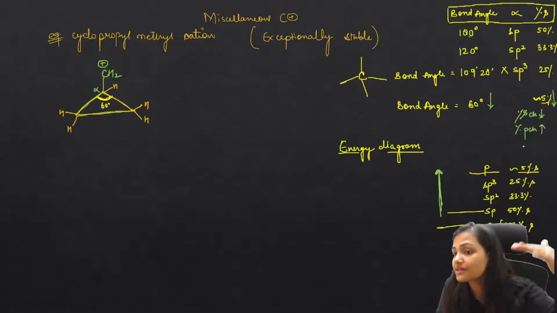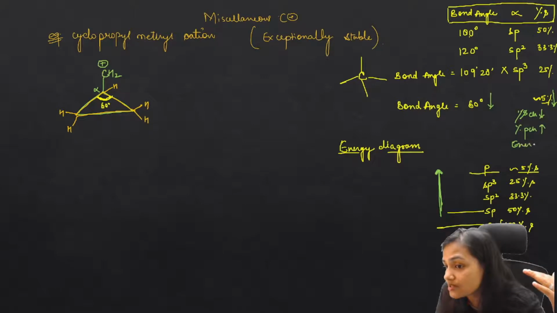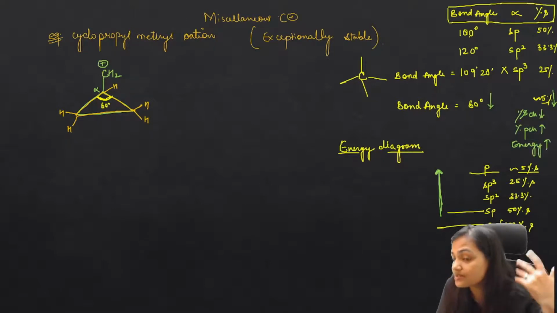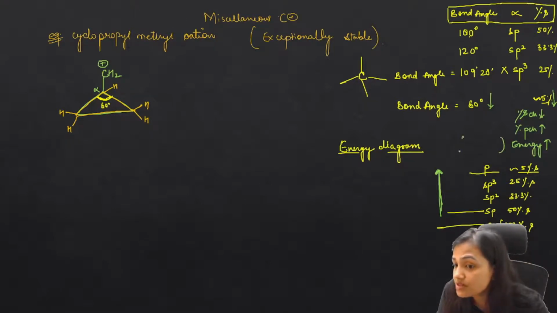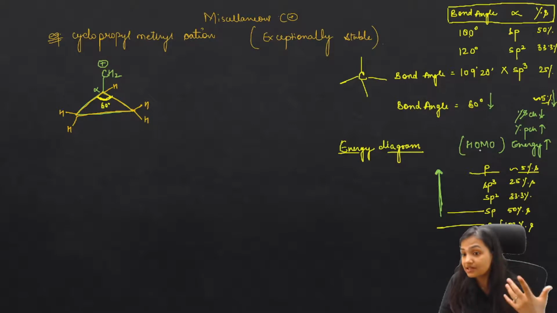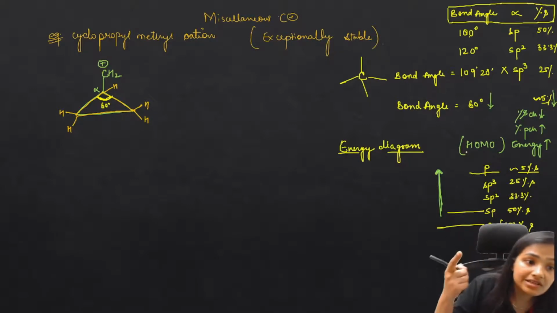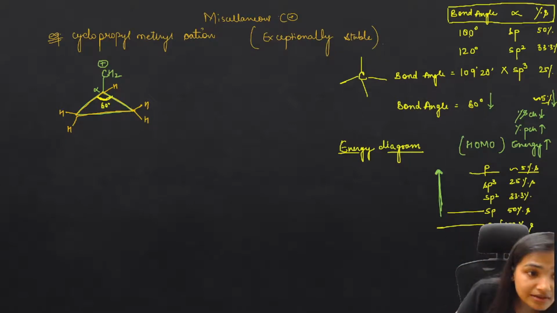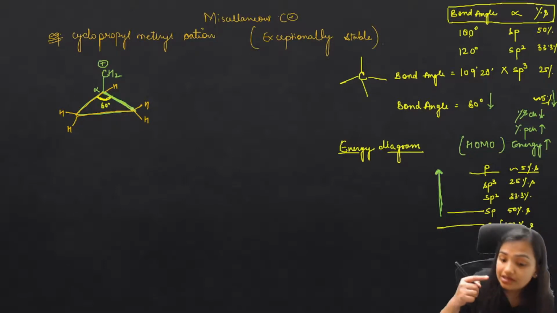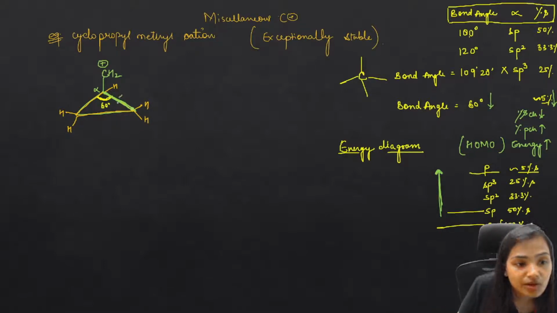So P character increases means energy increases. Which energy increases? Basically the HOMO, that is the highest occupied molecular orbital. The energy of the nucleophile increases. So guys, this particular bond, the nucleophilicity of this bond increases.